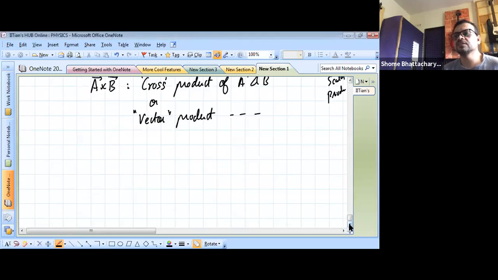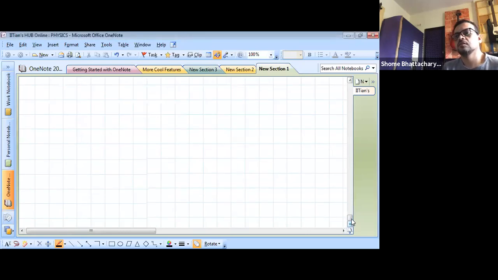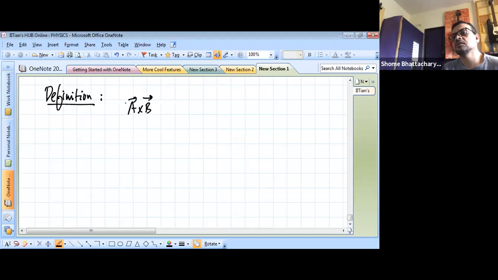Okay, now let's come to the definition. So the definition of cross product is given by: A cross B is equal to a vector quantity whose magnitude is AB sine theta and whose direction is given by n cap.